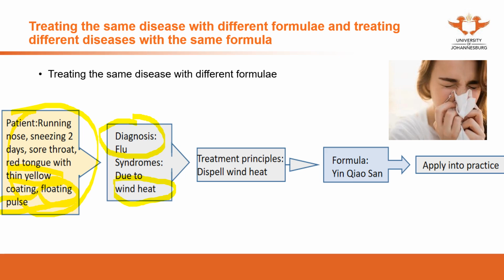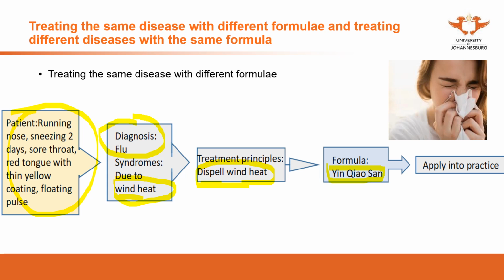That's because the patient presents with a thin yellow coating and floating pulse. So that's from the wind heat. And then the treatment principle will be to dispel the wind heat. We choose the formula 银翘散. This is a herbal medicine formula, and then we apply it into practice.